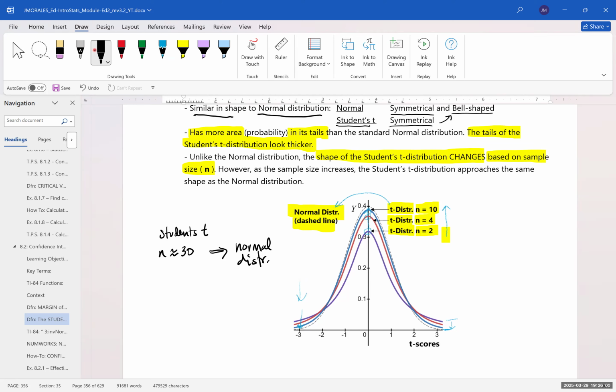So you can see as the sample size is going up, imagine if it keeps going up, this peak up here at the top will get closer and closer and closer and closer to the normal distribution. And down below, it'll get closer and closer and closer until it's on the normal distribution itself. Or so close to it as to not really make any difference.